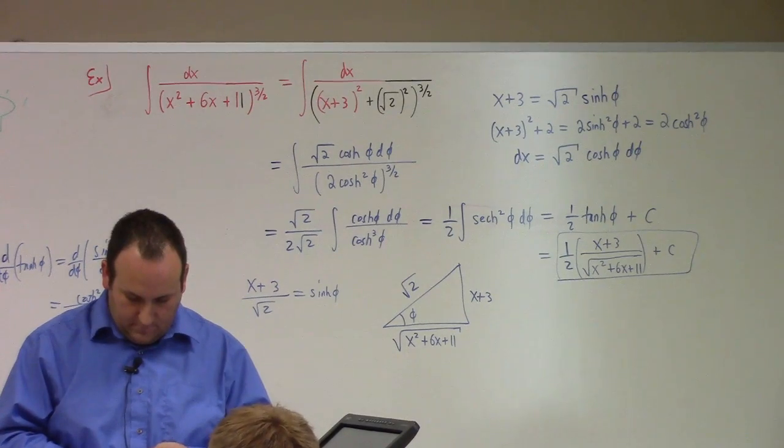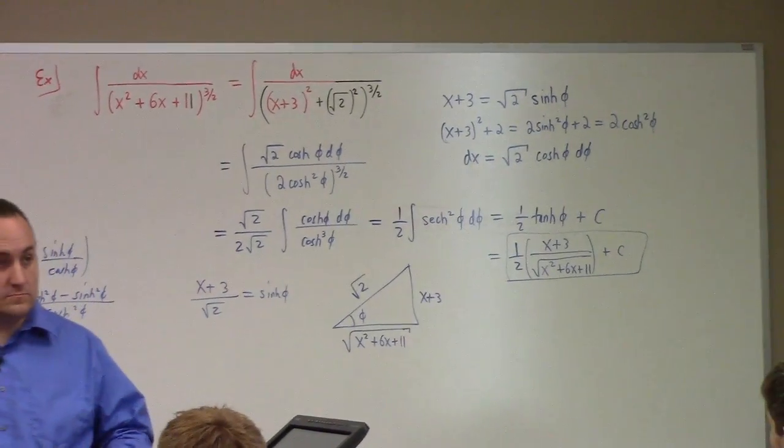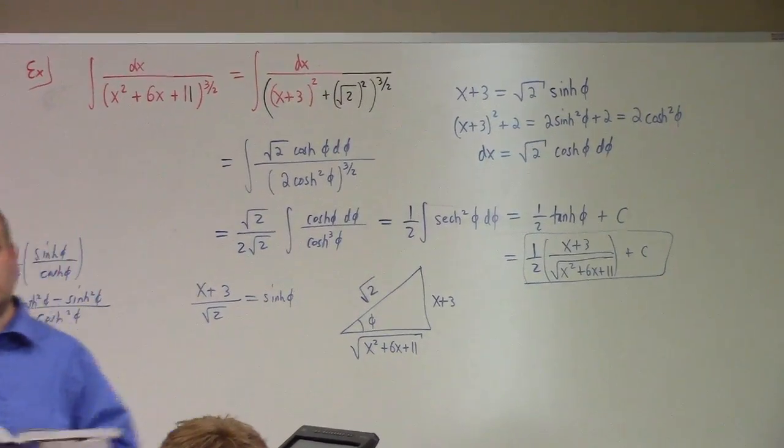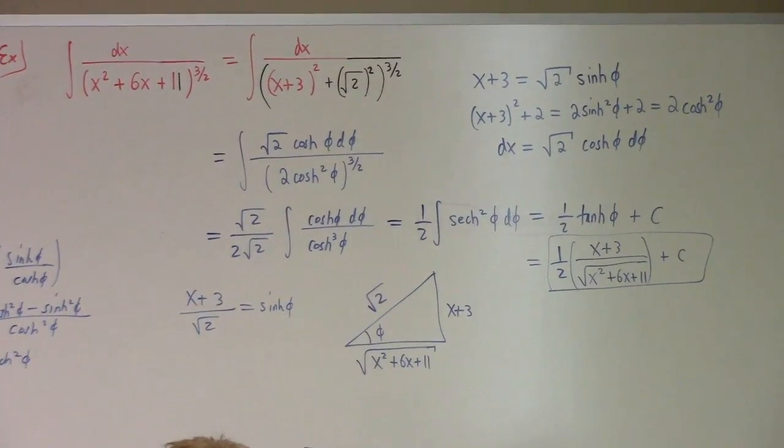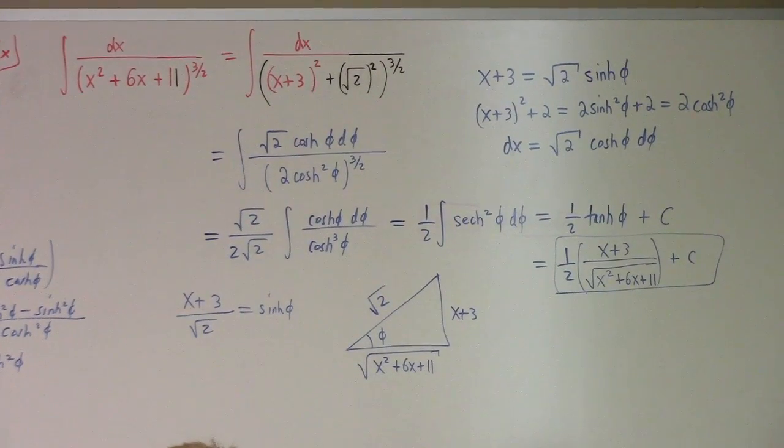Sir, I'm kind of lost in how we go from the triangle to the equations that come out of it. Well, the point of the triangle is that it captures the relation between different algebraic expressions and the trigonometric expressions.